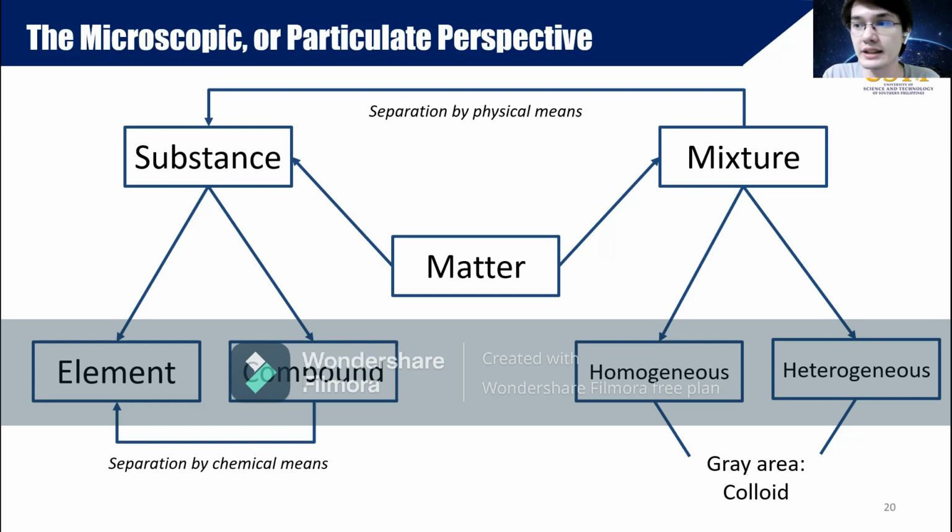An example is air. Then in a heterogeneous mixture, the composition is not uniform. So meaning you can see the differences in the substances it is composed of.